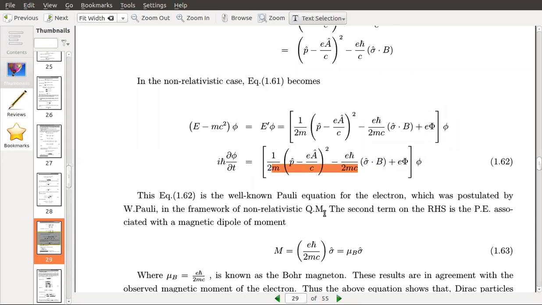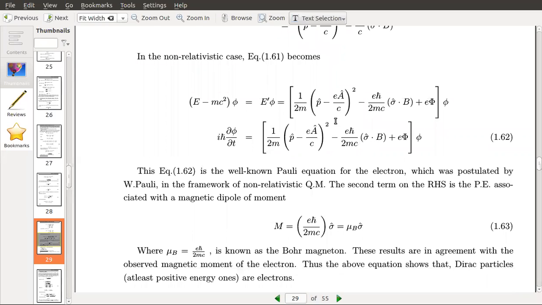Okay, so this equation is actually, now we obtained this equation in relativistic quantum mechanics when we applied non-relativistic limit conditions. So that means we went back into the non-relativistic quantum mechanics, which is what we studied in last semester.